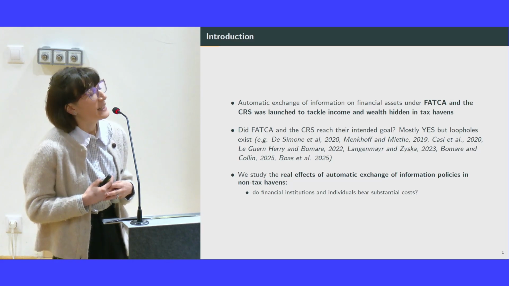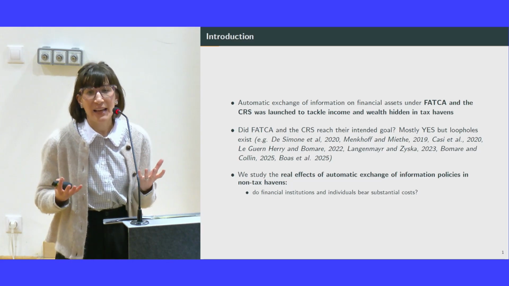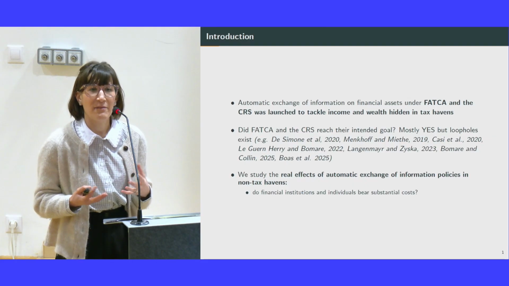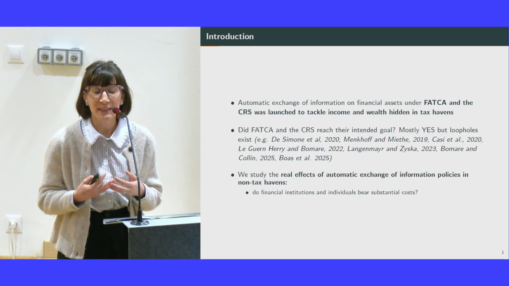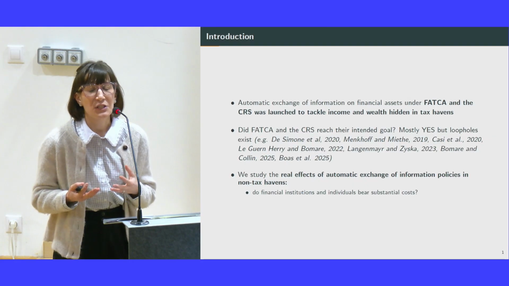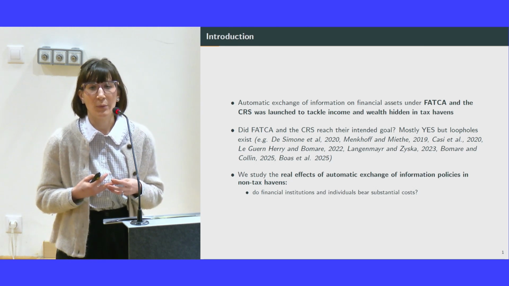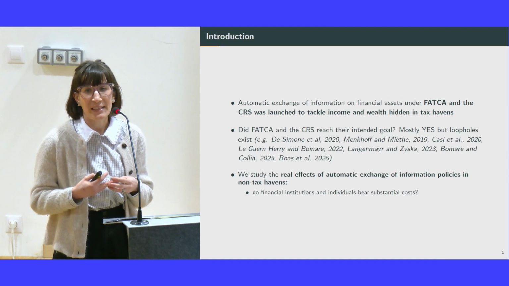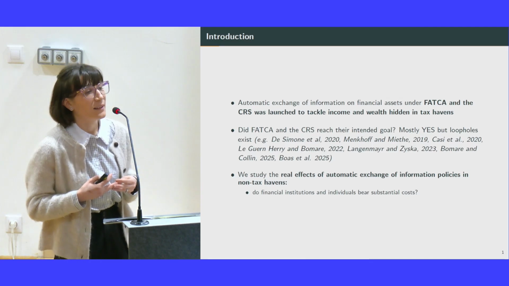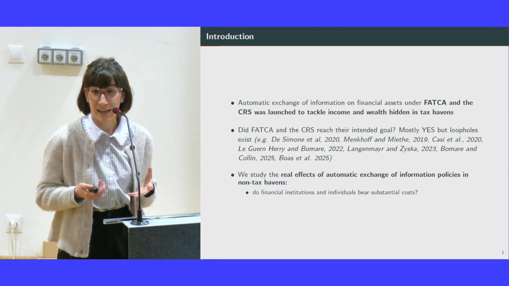What we are interested in here is the real effects that this kind of policy tool might have on countries that are not the primary target. In particular, we are interested in the costs that financial institutions and ultimately also potentially individuals face in countries that are not tax havens.